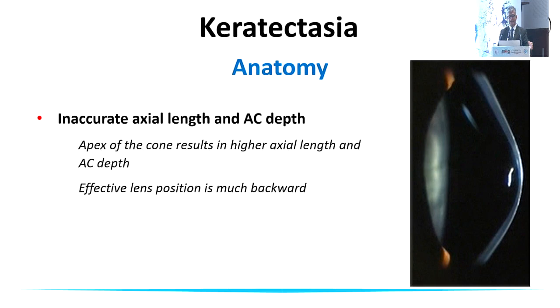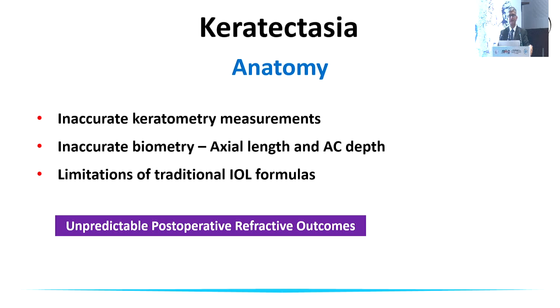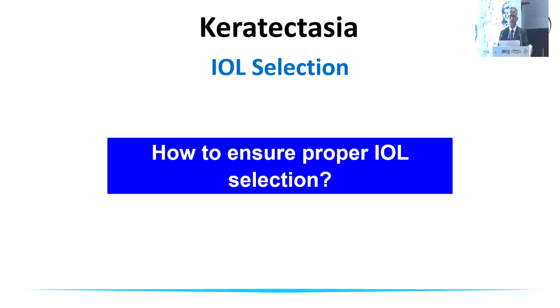The increased axial length and anterior chamber depth in particular affect the effective lens position that may also alter the post-operative outcome. If you use the standard set of IOL formulae to calculate the intraocular lens power, they usually lead to hyperopic refraction, and therefore these patients have very unpredictable post-operative refractive outcome.